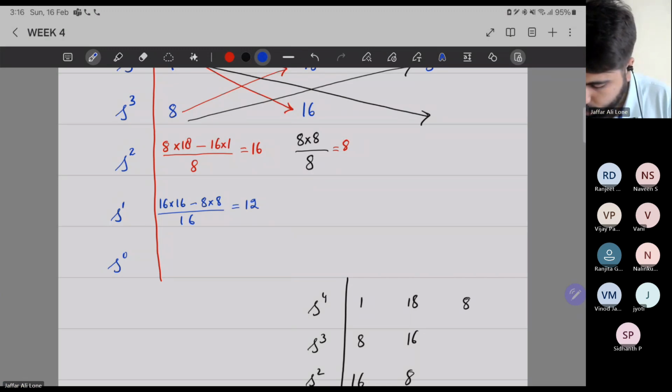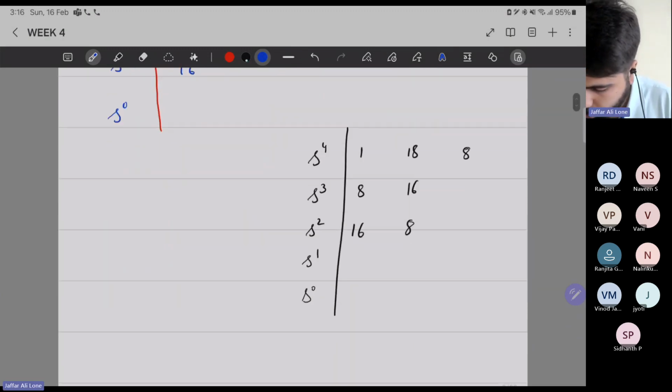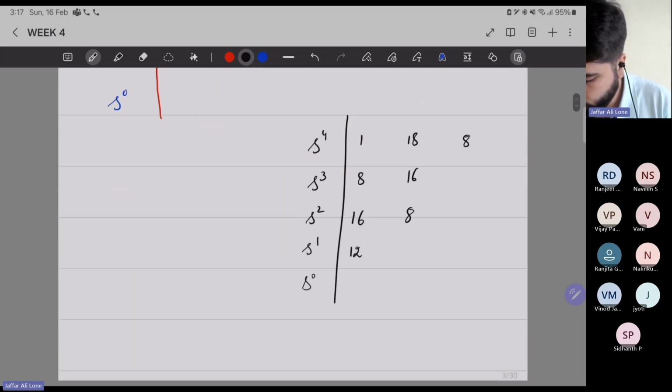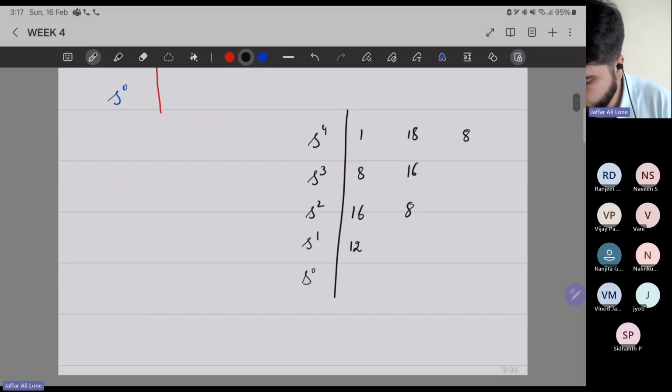So I'll write here 12. And then this term, what should be here? Nothing, because 16 into here is 0, 8 into here is 0, right? So nothing will come here. Now we have to populate s^0. What will be s^0? This 12 into 8, and 16 into 0, divided by 12. So directly we can write it will be 8.